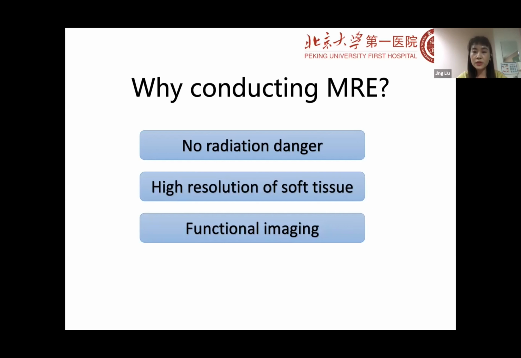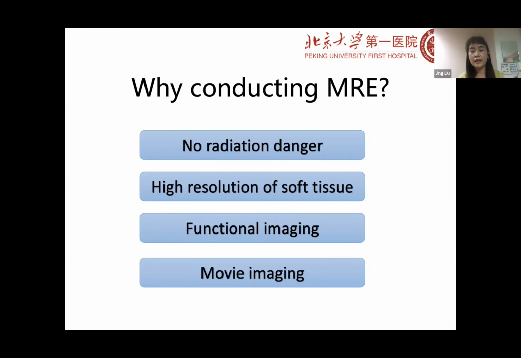These functional sequences could provide some functional information of the lesions, and indirectly reveal the pathologic changes inside. And the last one, MR angiography could provide real-time imaging of the small bowel, so that maybe MR angiography could be used in the evaluation of movement.